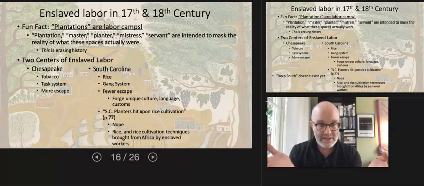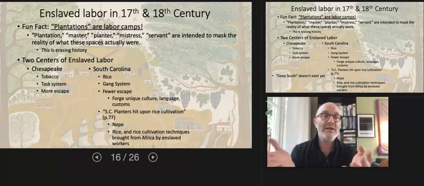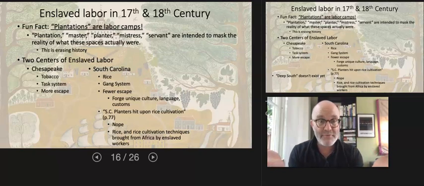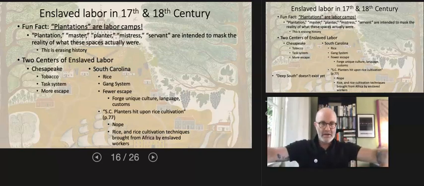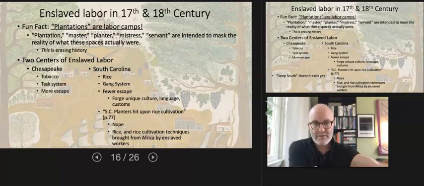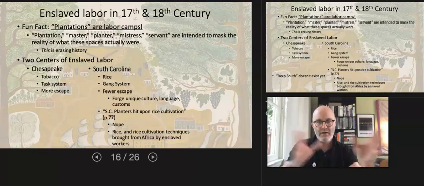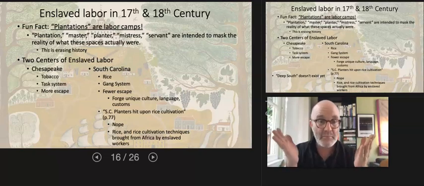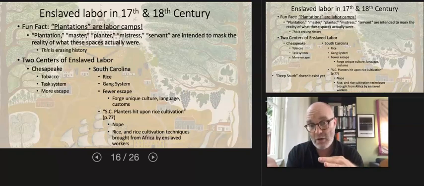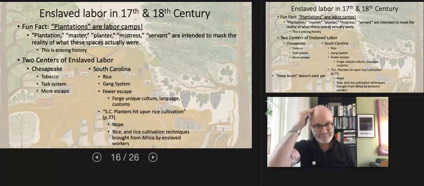And then white enslavers realize that this is a very profitable commodity crop, and they start encouraging enslaved Africans to clear swamp areas and put down the rice paddies, the dam structures and irrigation structures that you need for rice. So it really is a black contribution to American agriculture and diet.